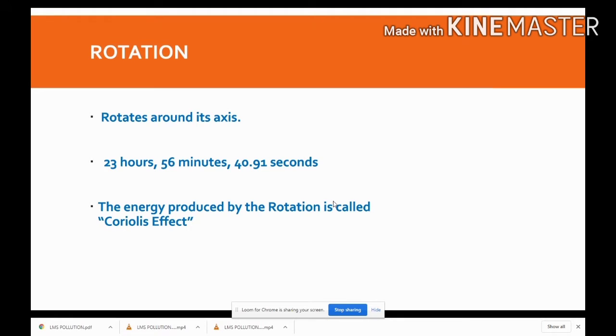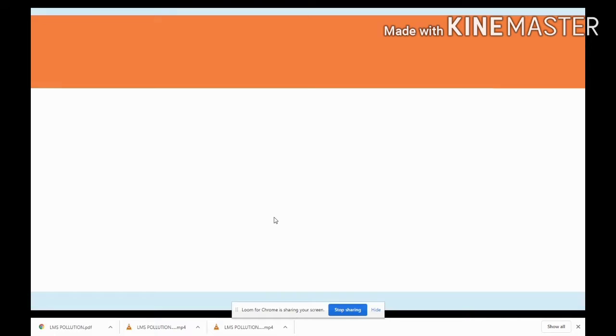That means the earth is moving from west towards east. Here, an amazing thing is that while rotating, some energy is produced, which is called the Coriolis effect.